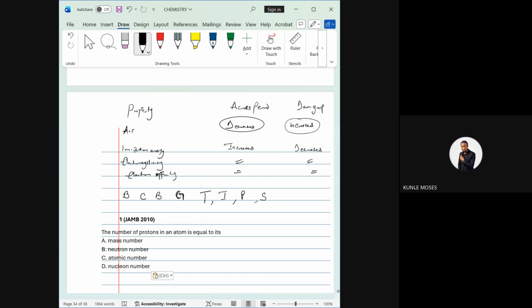It's neutron plus proton now. I'm telling you guys, okay, no problem.